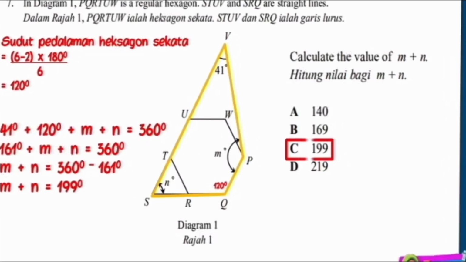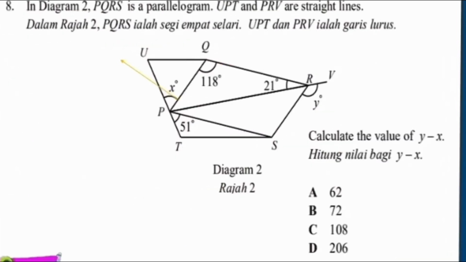And then you will work out the answer by 360 minus 120 minus 41. So you will get the answer is 199. So that's all. It's simple, right? Answer is C. Now let's proceed to the next question.